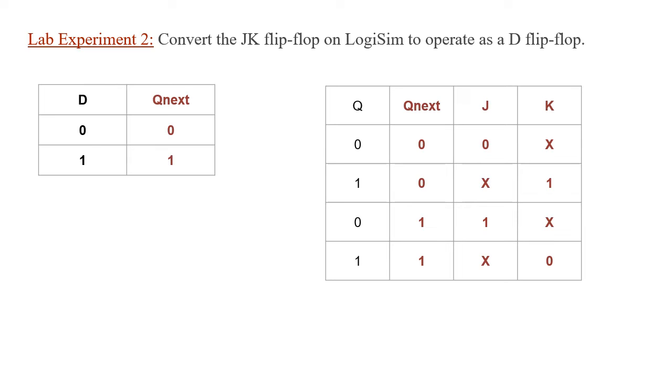What you see here on the right hand side is the table that we've derived when we did the exercise. On the left side of the screen you see the D flip-flop characteristic table.